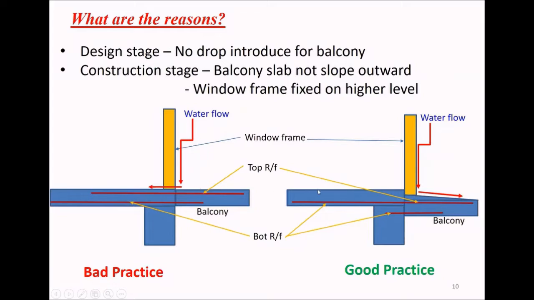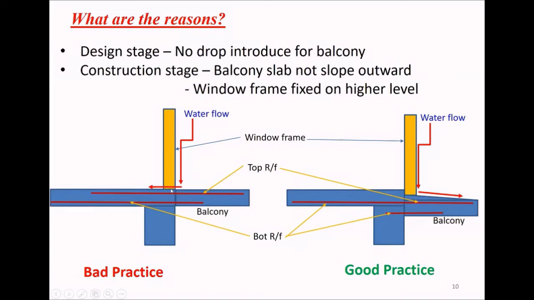That picture I showed you. What is the good practice that we have to do? We have to make a proper slope. First of all, we have to have a drop in the balcony, and we have to make a proper slope. And this window should be fixed in a lower position, because most of the time I have seen people fixing these windows at this level, but no use.